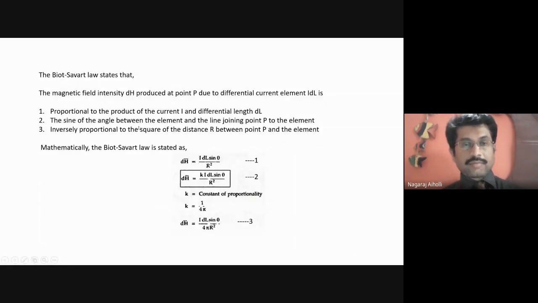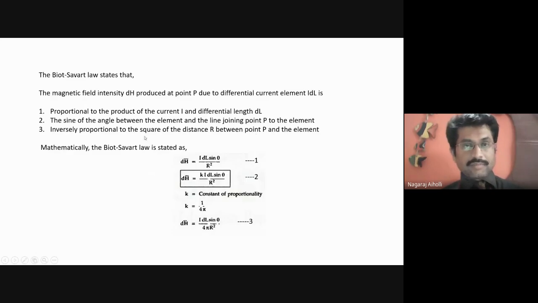It is also directly proportional to sine theta, the sine of the angle between the differential element and the line joining the differential element to the point P.